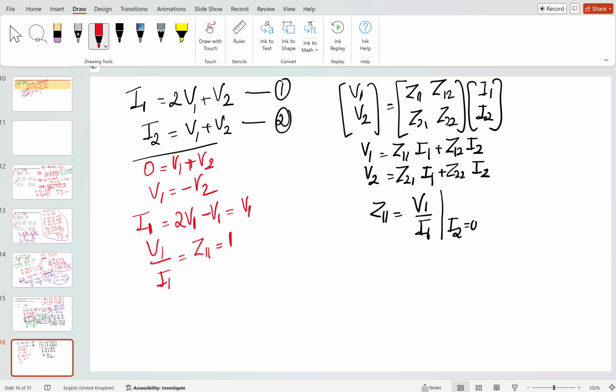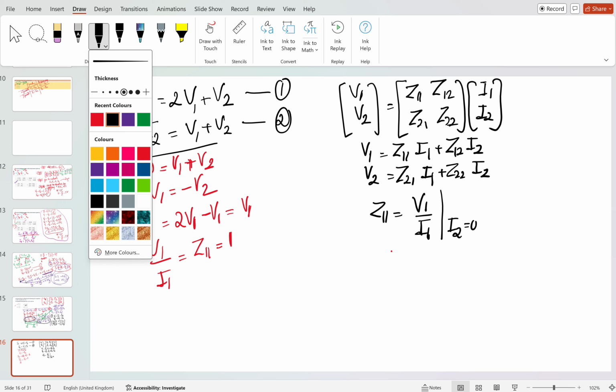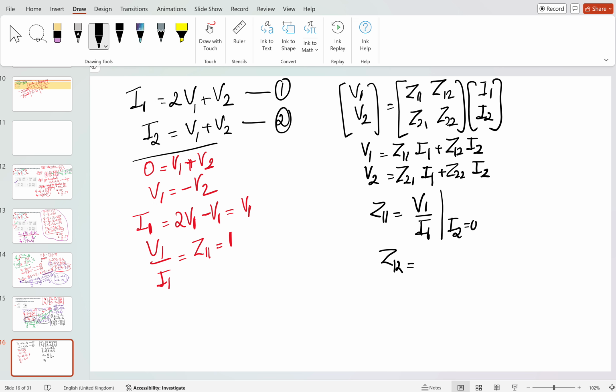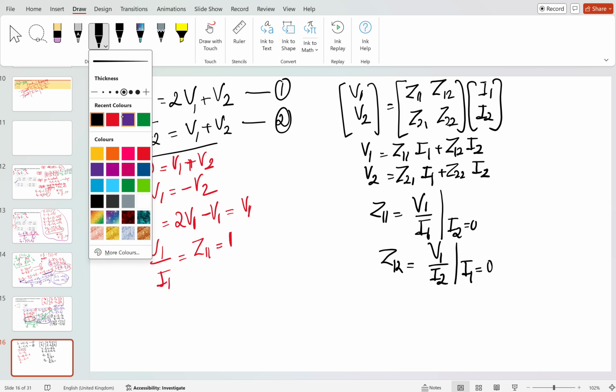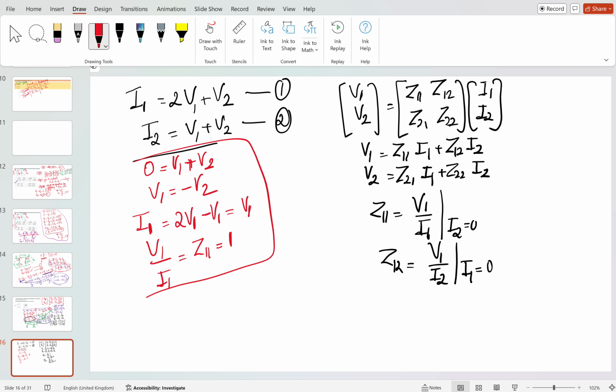So you can compare. Let's find Z12. What is the value of Z12? Z12 is V1 by I2 at I1 equal to 0. We have calculated Z11, so let's find Z12. Put I1 equal to 0 in the first equation.